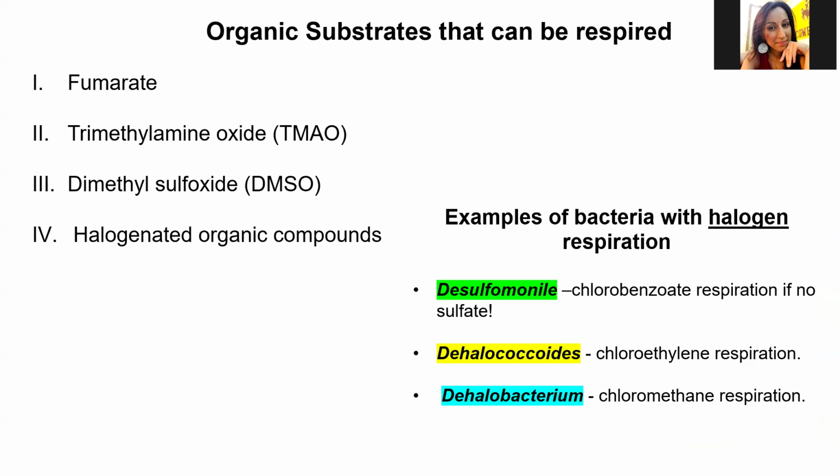Don't memorize the full name, but memorize DMSO, memorize TMAO, and memorize these halogenated organic compounds. That's very interesting. Why would it be interesting? Because halogen compounds are big contaminants, especially after our waste release. So if you have an organism that can respire this organic compound, that means you can employ it in bioremediation.